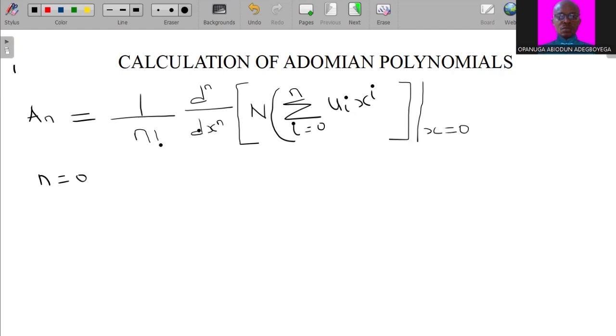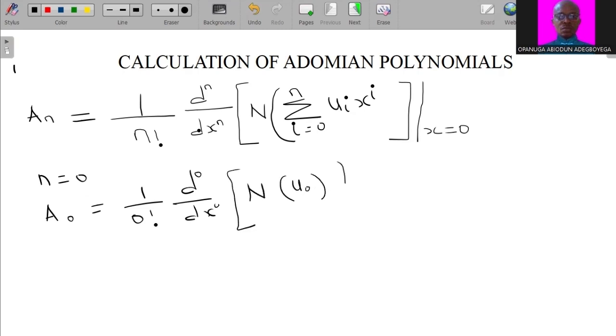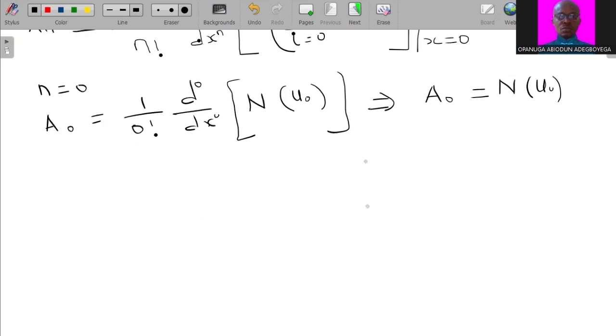When n is 0, our A_n becomes A_0 equal to 1 over 0 factorial d^0/dx^0 of N(u). This gives A_0 equal to N(u_0). So that's when n is equal to 0. So that's how to calculate the Adomian polynomial.